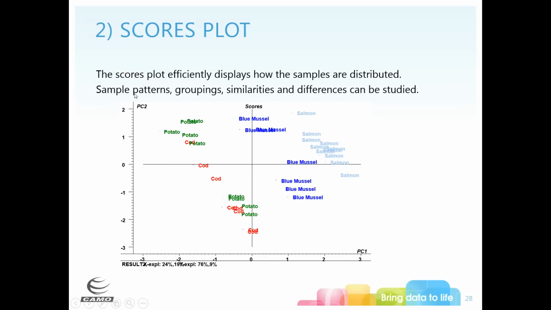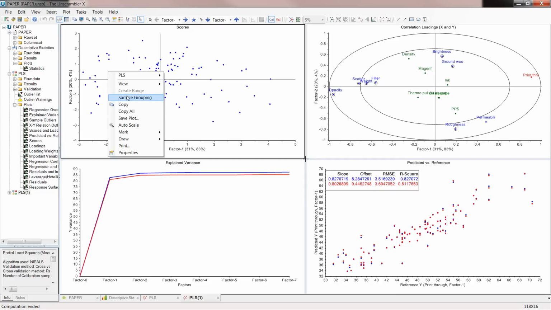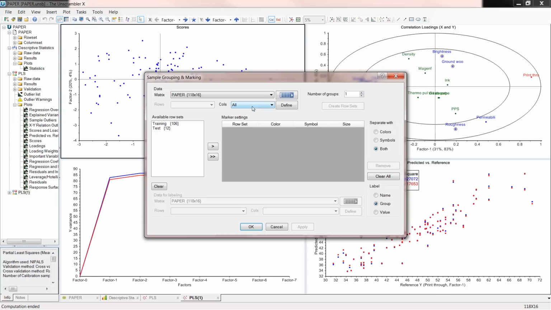So if we look at our scores plot, again, you can see sample patterns. In this case, you can see different types of fish coming out in your scores plot on your PCs. Like with the print through, let's see if we can go back to that. We can do sample grouping and group it based on quality, create row sets.